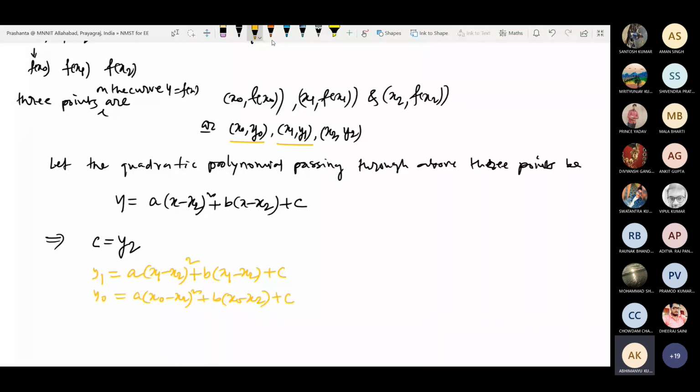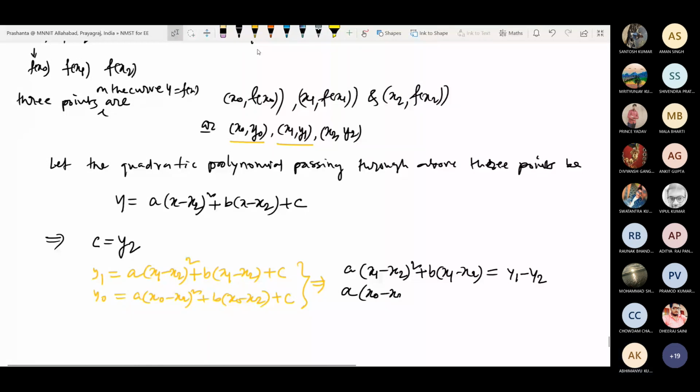Now the value of c is known to you, so from these 2 equations you can modify them. a into x1 minus x2 whole square plus b into x1 minus x2 equals y1 minus y2. Another equation will be a into x0 minus x2 whole square plus b into x0 minus x2 equals y0 minus y2. Is that okay?